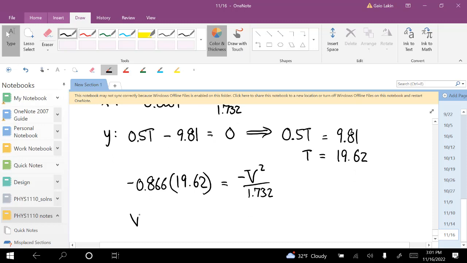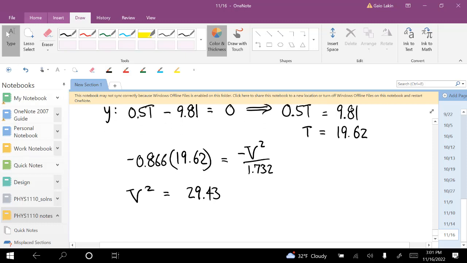So v squared is equal to 29.43. And so v is the square root of that.